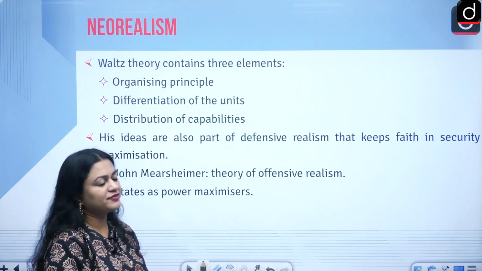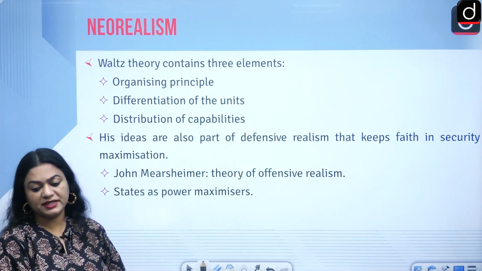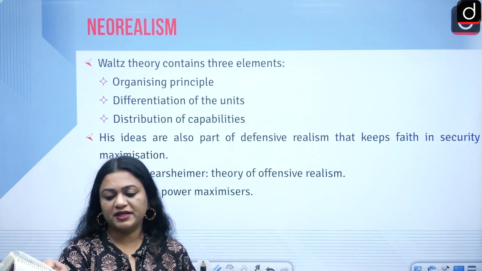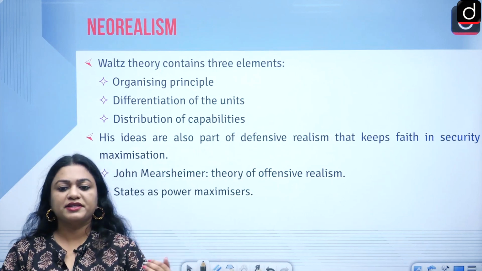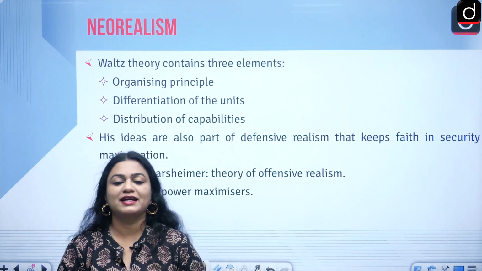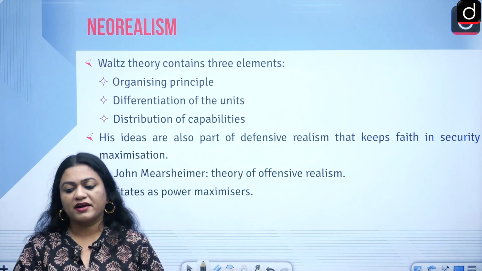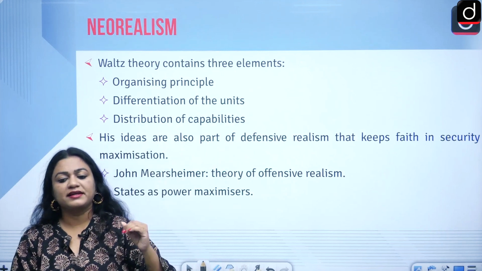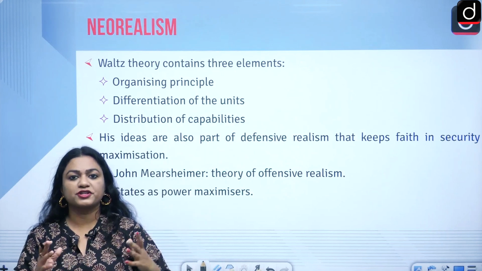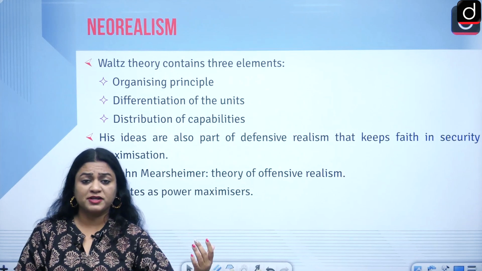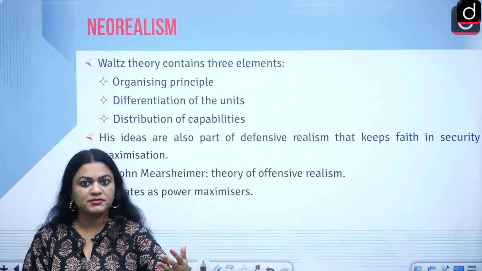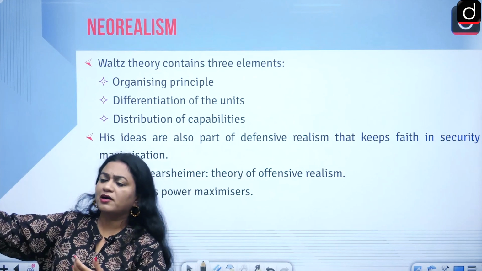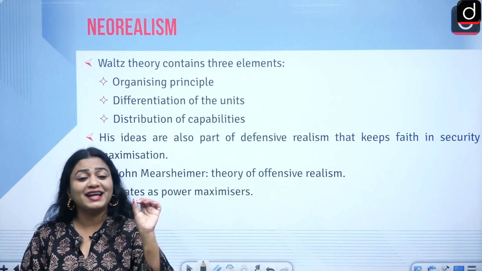Then after that, the distribution of capabilities is fundamentally important. The relative distribution of power is key to understanding international outcomes like war and peace, alliance politics, and balance of power. It means how you project your power, what sort of military build-up you are doing, whether you are engaged in an arms race or not, what arms you are building domestically, what arms you are purchasing, and what alliances you are building.